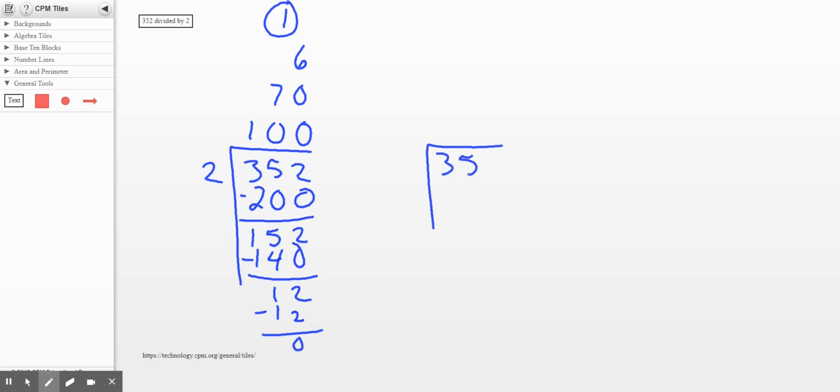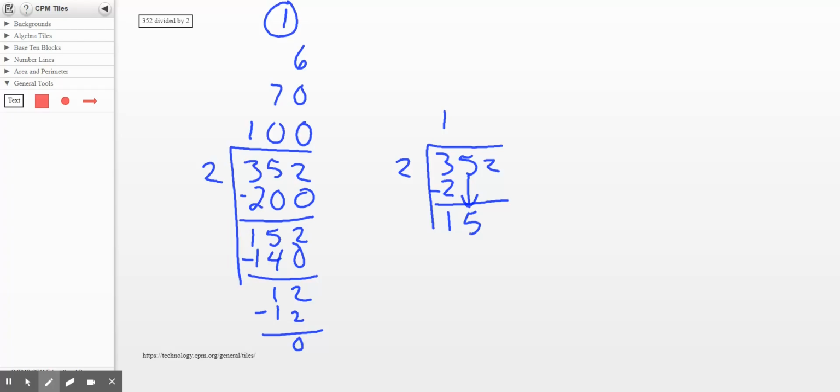352 divided by 2. How many times does 2 go into 3? 1 time. And 2 times 1 is 2. 3 minus 2 is 1. Now we're going to bring down that 5 and take a look at that. How many times does 2 go into 15?